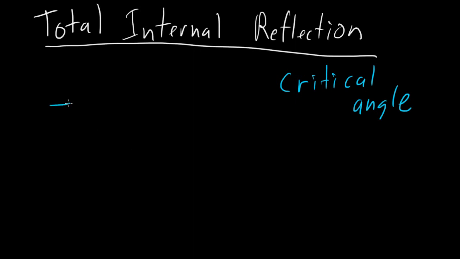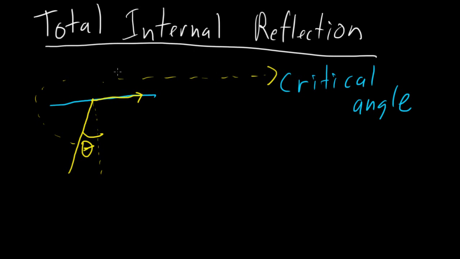Here's our surface between boundaries or whatever. The critical angle is the angle of incidence for which the light comes and then it's refracted parallel to the surface. So this theta is our critical angle. Okay, that's the critical angle.